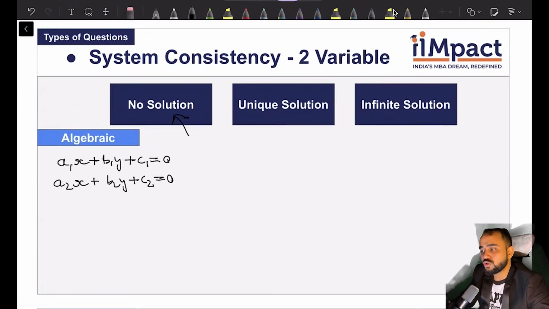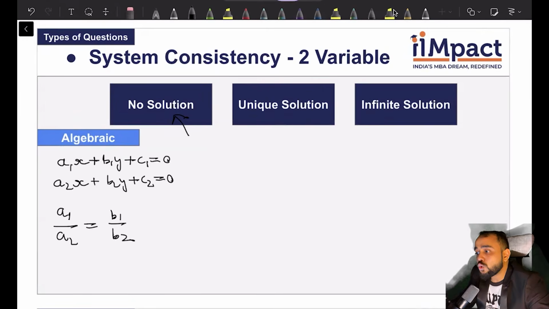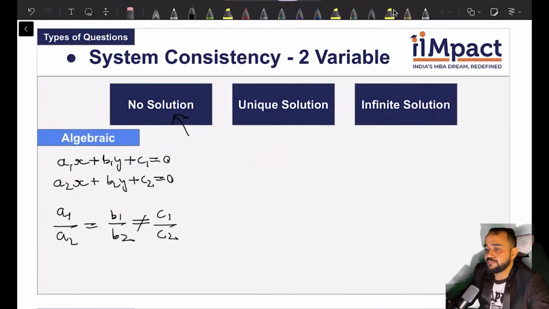To have no solution, you want the lines to be parallel. How are lines parallel? When the slopes are equal. But you don't want the line to be the exact same, because that would be the infinite solution situation. You want the intercept to be different. So you will make c1 by c2 different. This is the condition for no solution.